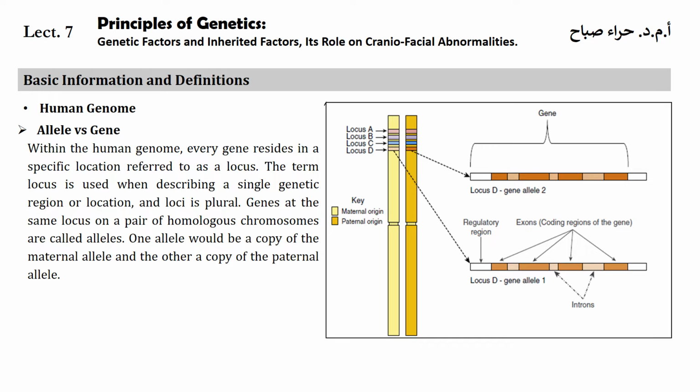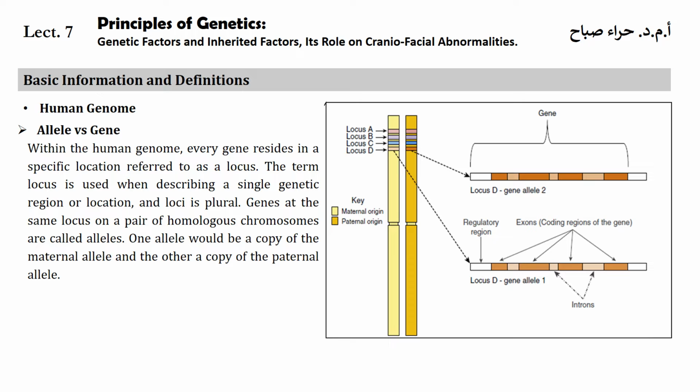Within the human genome, we have to know the meaning of allele versus gene. Every gene resides in a specific location referred to as a locus. The term locus is used when describing a single genetic region or location, and loci is plural. Genes at the same locus on a pair of homologous chromosomes are called alleles.